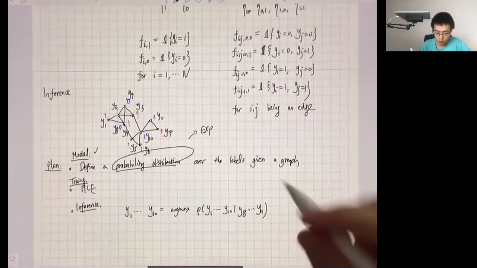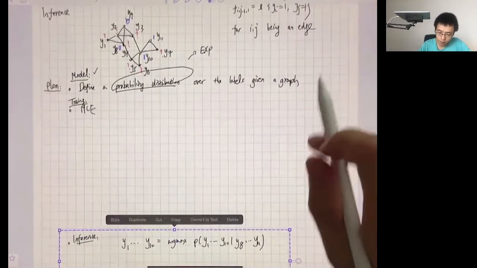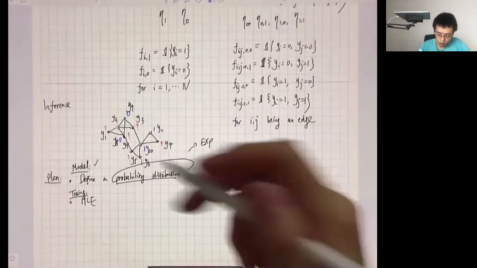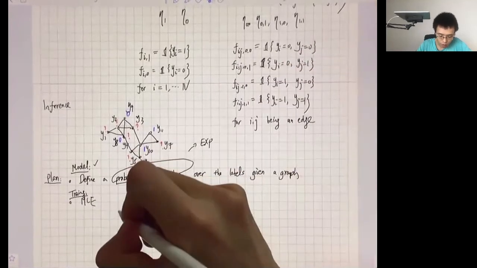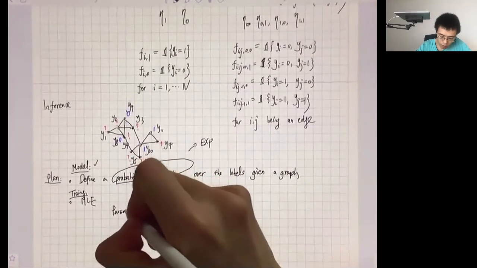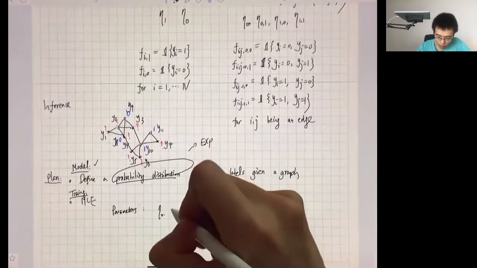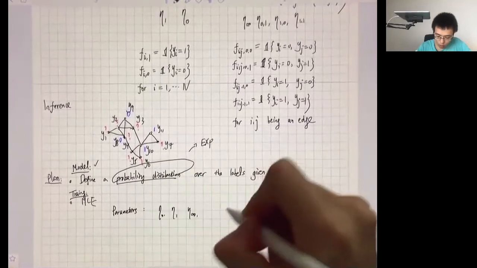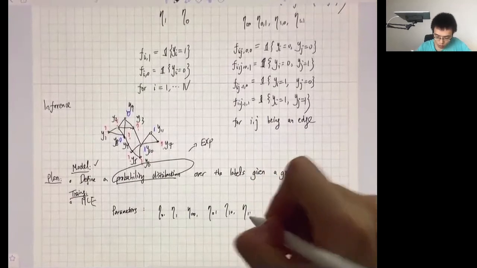In training, the parameters are actually θ0, θ1, θ00, θ01, θ10, θ11.